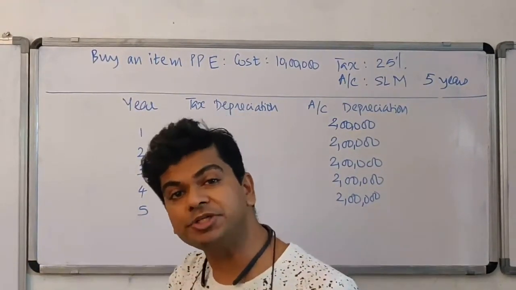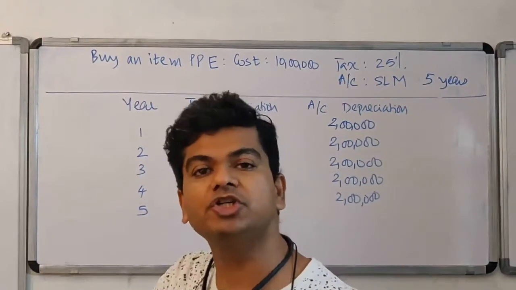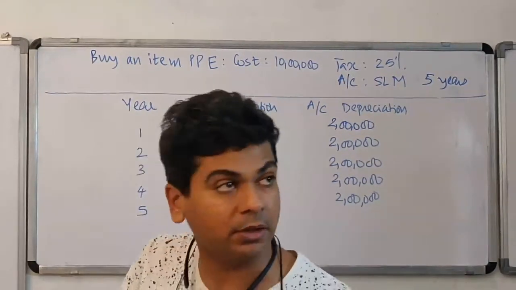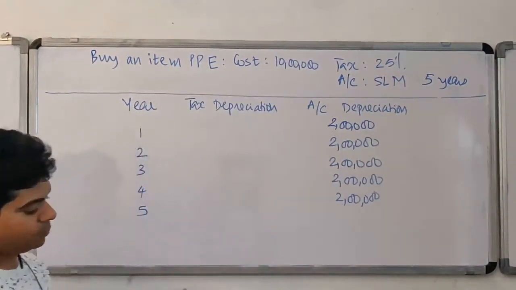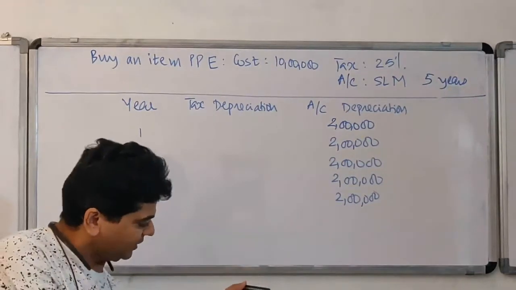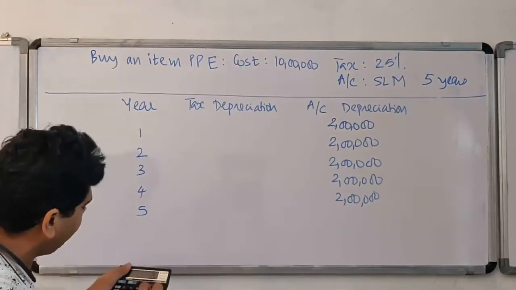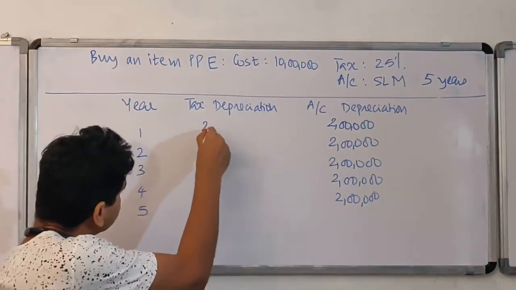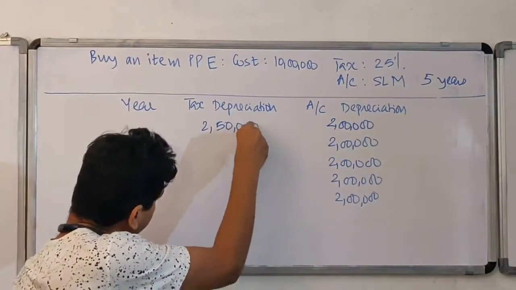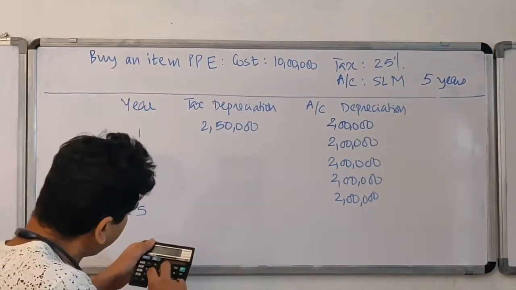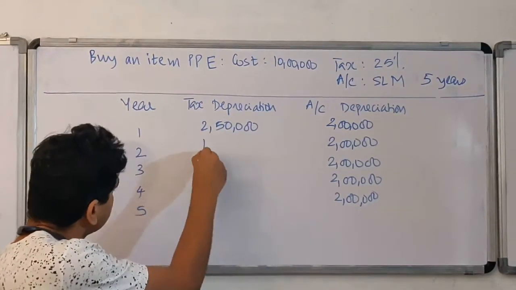However, when it comes to tax, I will provide depreciation as per the block of asset principle. We have considered it to be a 25% block. So take 10 lakhs in your calculator and multiply that by 25%. First year, 2,50,000, deduct it and multiply by 25%.